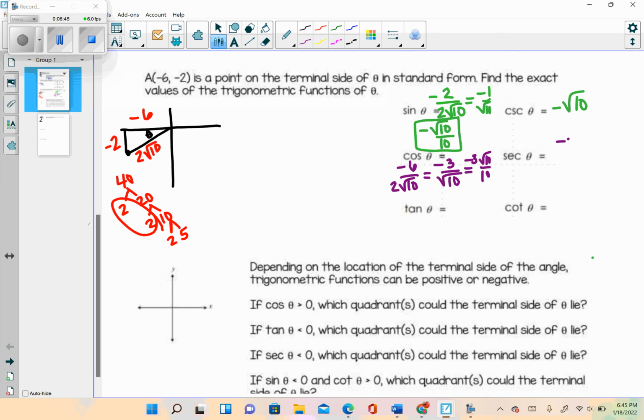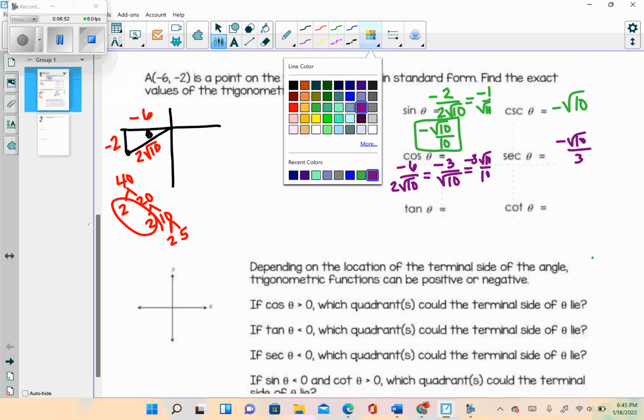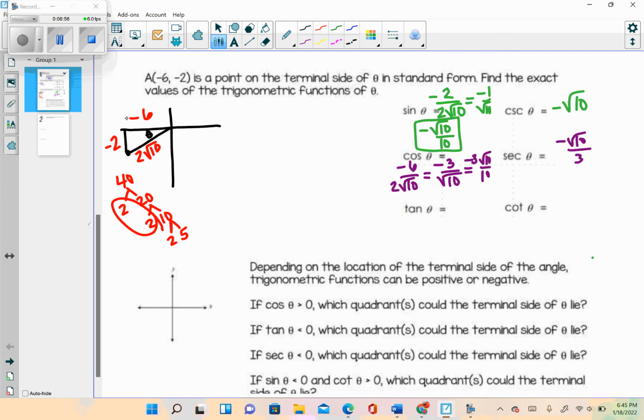So the secant is negative radical 10 over 3. Okay? Tangent is your last one. Opposite over adjacent. So that's -2 over -6, which is 1/3. Cotangent is then 3. So it's all about drawing your triangles.